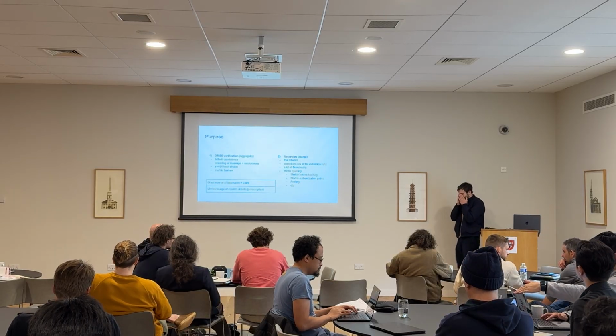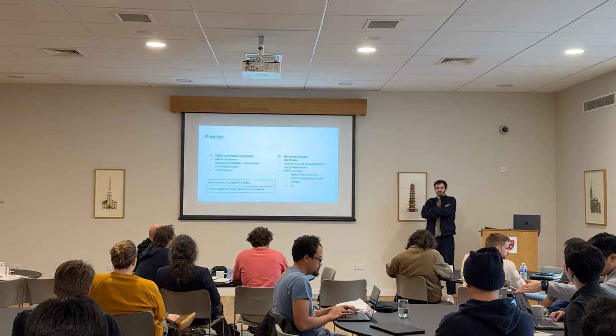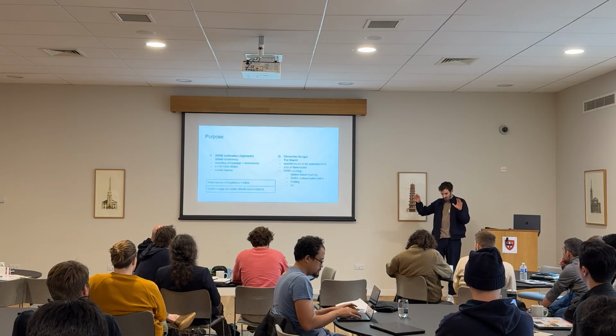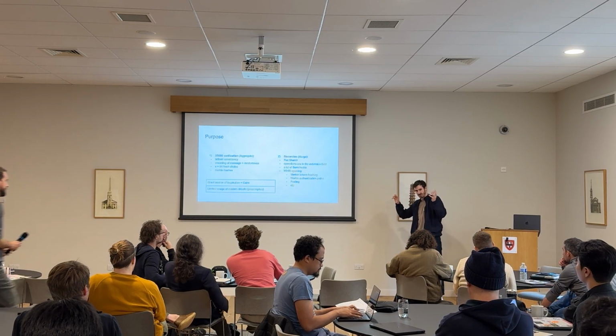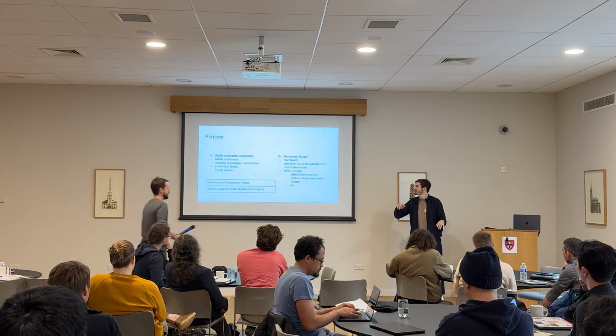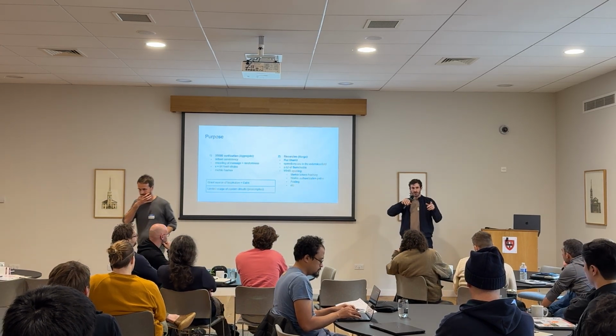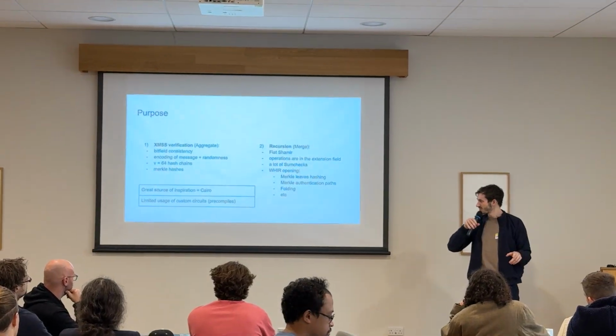Okay. So here I'm going to present to you the basic idea of this minimal zk virtual machine that we are trying to build in order to aggregate those XMSS signatures.